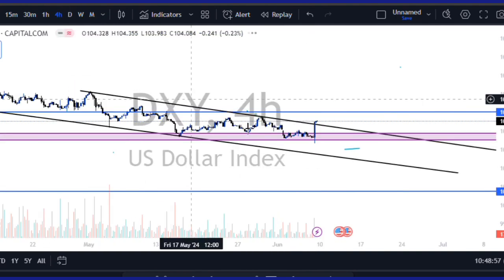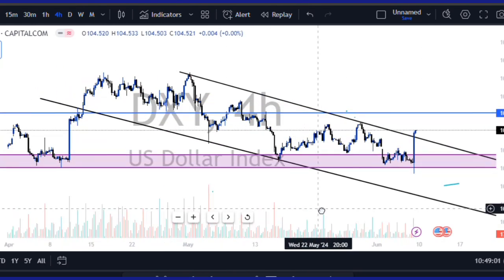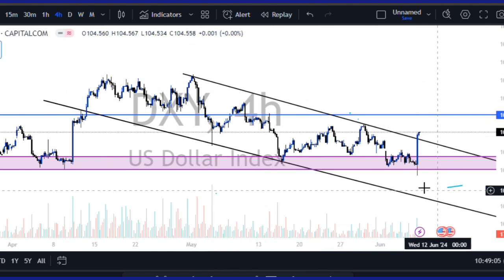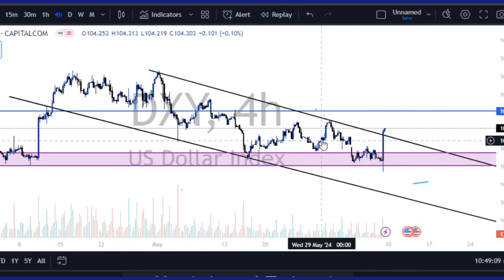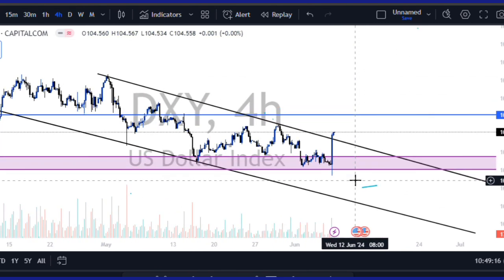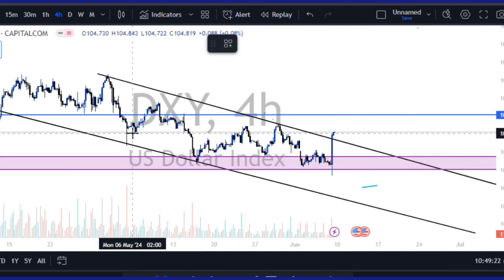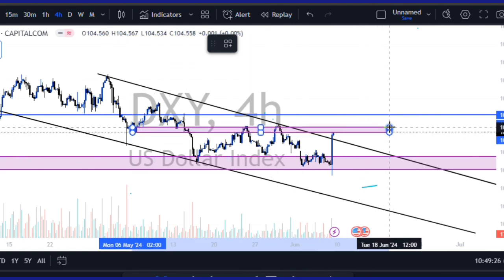Let me continue with my 4-hour time frame. In a 4-hour time frame, you can see this is a bearish pennant. The market came here, it dropped, it went up again. This was a correction, and again it drops. When this market approached this zone, we also have another zone here, drawn where the market has rejected multiple times.